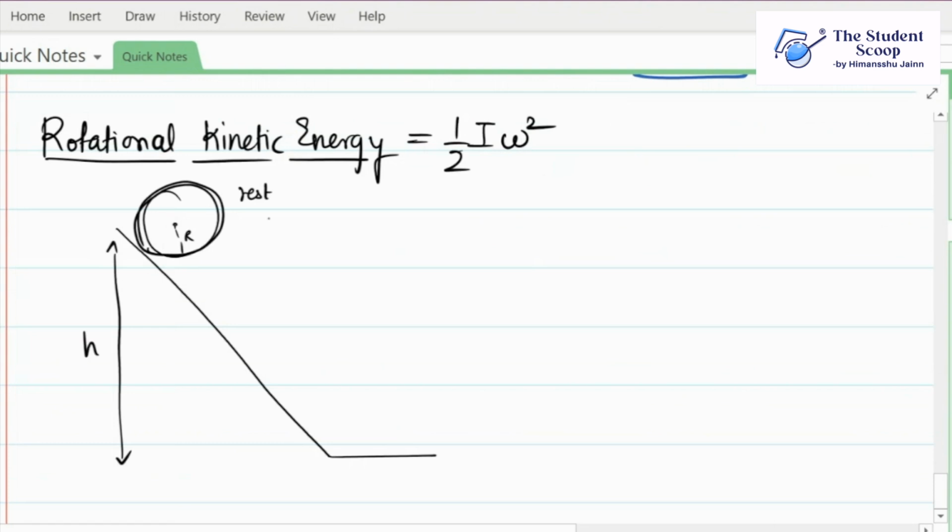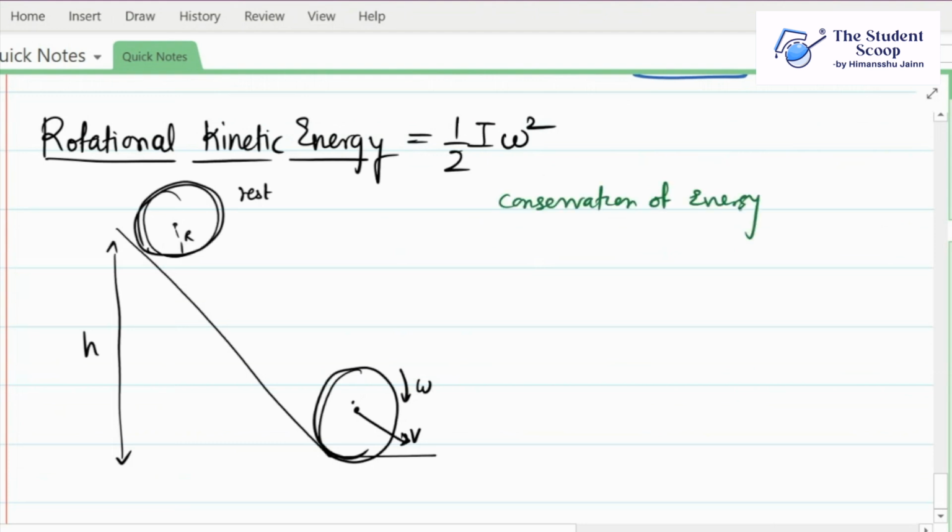When it comes to the bottom, it will have both linear speed and angular speed, because it is rotating and it is moving, correct? So we can use this. For example, according to conservation of energy, we can equate their energies. So initial energy will be equal to final energy. So initially it only has mgh.